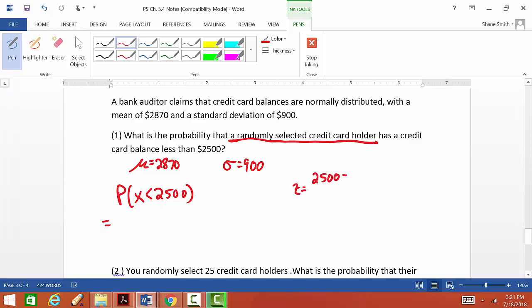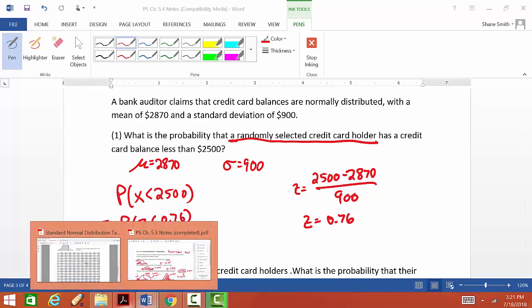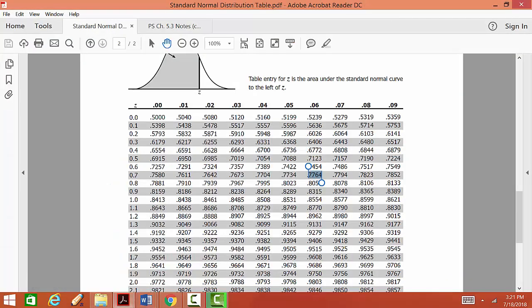2,500 minus 2,870 over 900, that's 0.76. And we look up that 0.76, or not 0.76, I'm sorry, that is my bad.